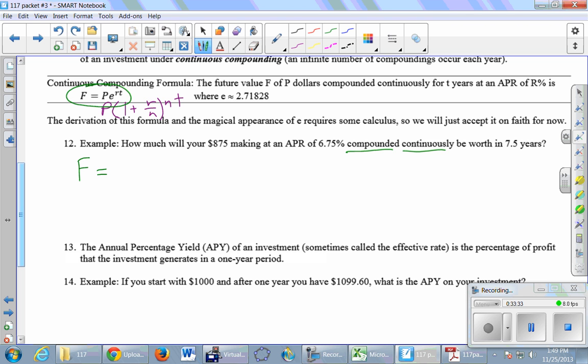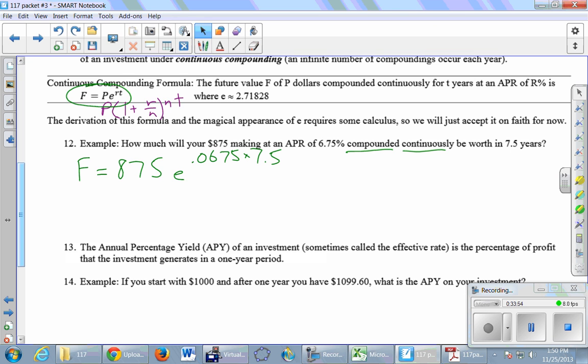Okay, so F equals, how much is P? Still 875. E is just e, you just put it. You don't replace it with a number, it is a number. What is r? 0.0675 times 7.5. So this is what we type.